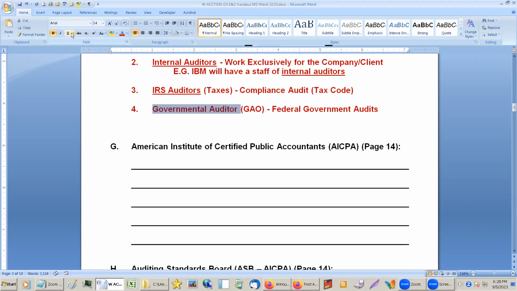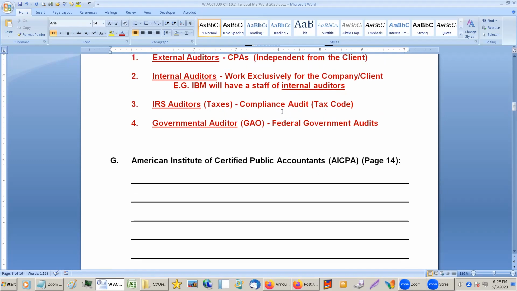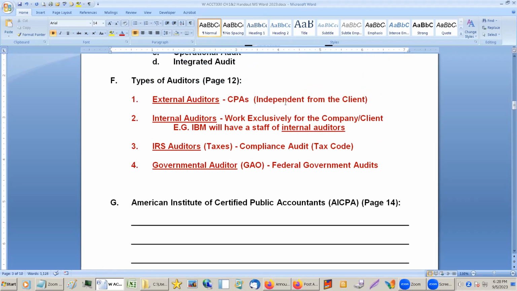These are good jobs, by the way. GAO jobs, government auditors. Now, the GAO people have their own set of rules, because there's only one government.